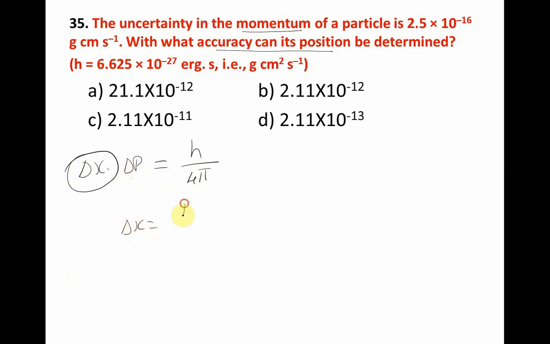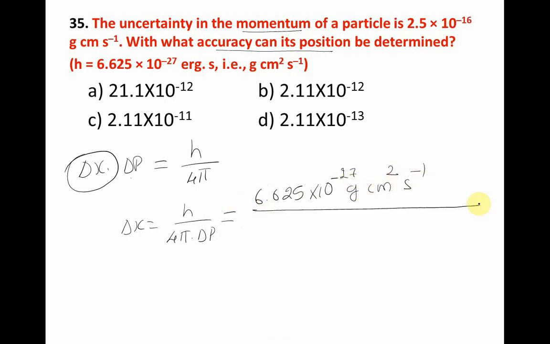Therefore delta x is equal to h divided by 4 pi into delta p, that is equal to 6.625 into 10 to the power of minus 27 erg second, in terms of gram centimeter square per second, whole divided by 4 into 3.14 into 2.5 into 10 to the power of minus 16 gram centimeter per second.